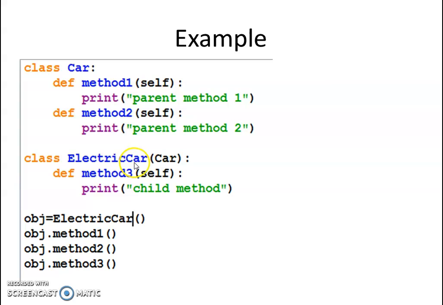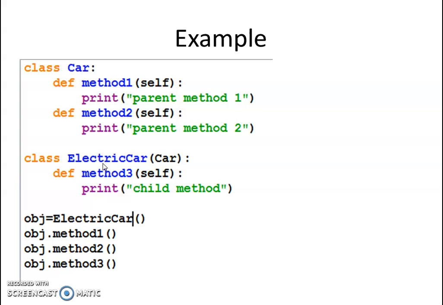When a child derives from a parent, we write the parent name inside parentheses. So here electric car is a child class, and when we write a class name inside parentheses, it means this is the parent class of this child class.